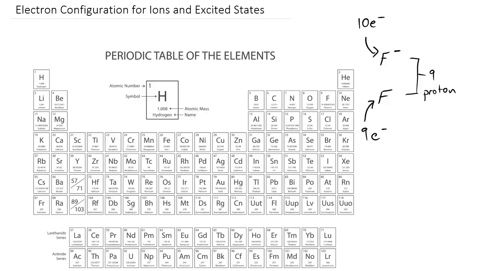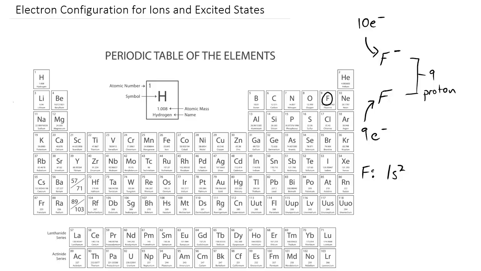So if we look at fluorine right here, if we just write the electron configuration for fluorine itself, remembering that first we have to fill in the 1s with 2 electrons. So that's the first shell, filling up the spherical shape. A maximum of 2 electrons are allowed.